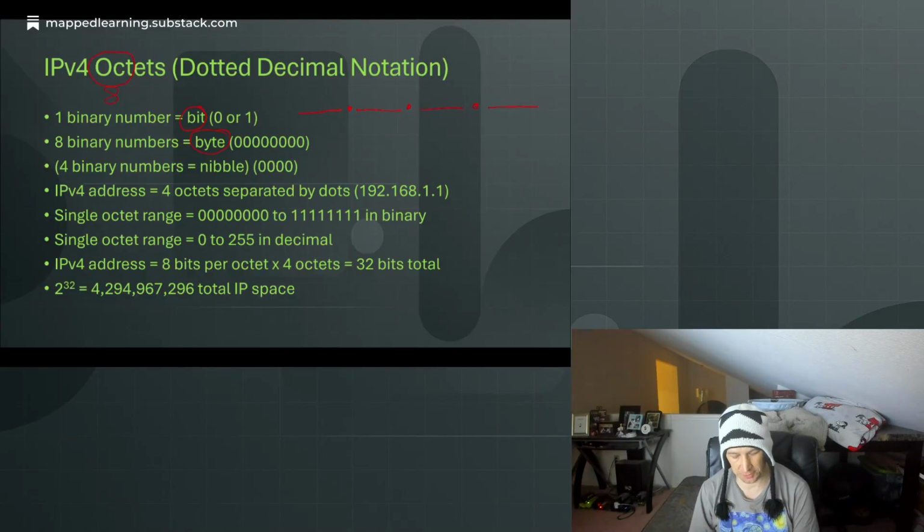And in these spaces, we put decimal numbers. That's where we get the dotted decimal notation. So you see in this example that I have in parentheses down here, 4 octets separated by dots, 192.168.1.1.